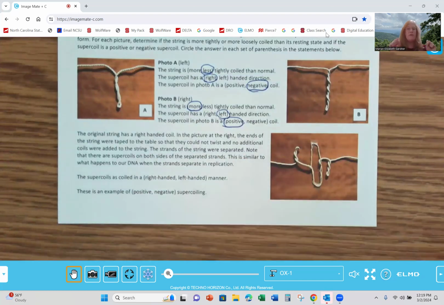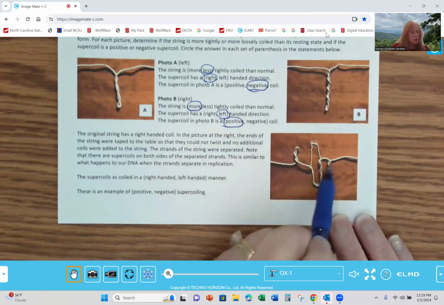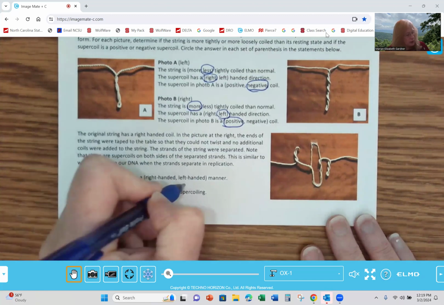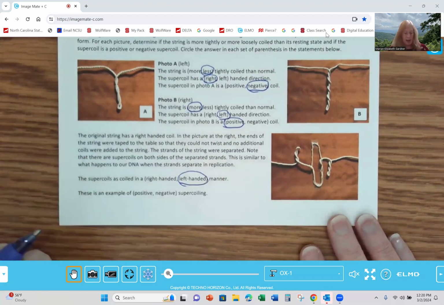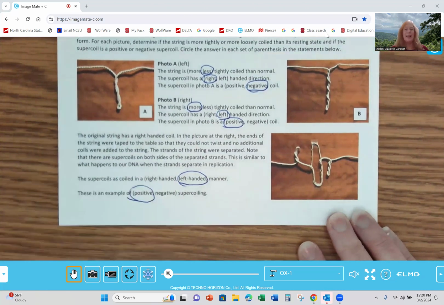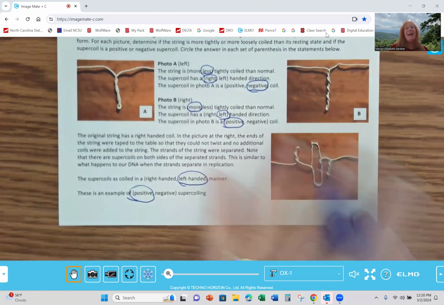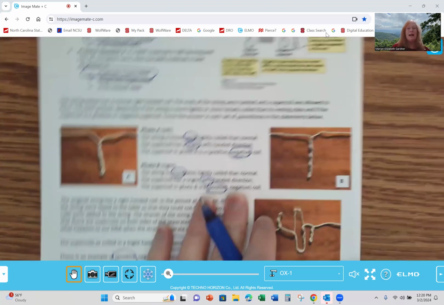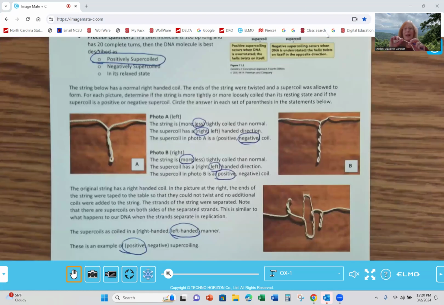And when I just fix the ends and I uncoil parts of it, I get supercoils formed. Do those supercoils look like they're going in the right or the left-handed manner? These supercoils are going in a left-handed manner, which means I have positive supercoiling going on. I encourage you to walk through this diagram yourself, as well as these examples.